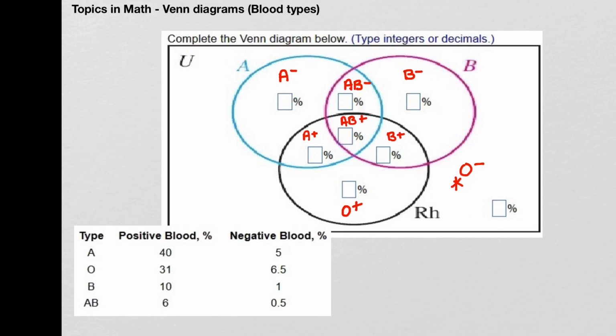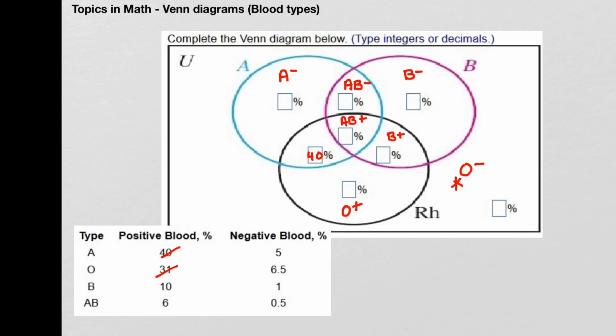All right, so now all I have to do is just pop all these numbers in. So I'll start with A positive, and that's here. So this is 40%. Actually, let's go ahead and put it in the spot where it's supposed to be. There we go. So that's 40%.